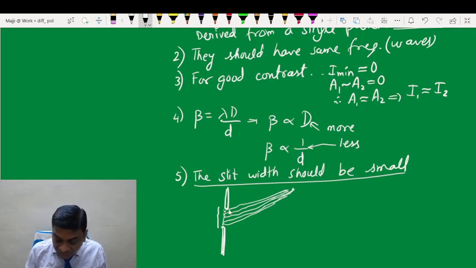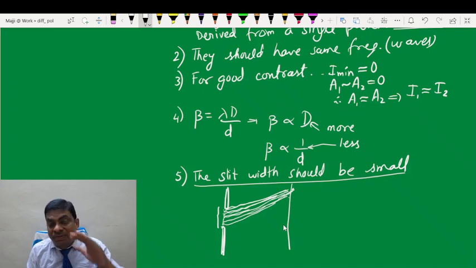In other words, the secondary wavelets from here and here will all superpose and disturb the interference pattern. So the interference pattern will not be distinct. That is, the bright fringes will not be distinctly separated from dark fringes. Therefore the slit width should be as small as possible.